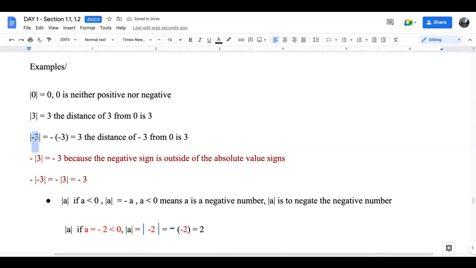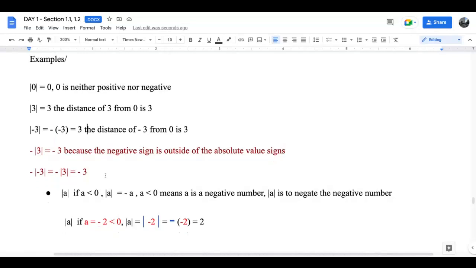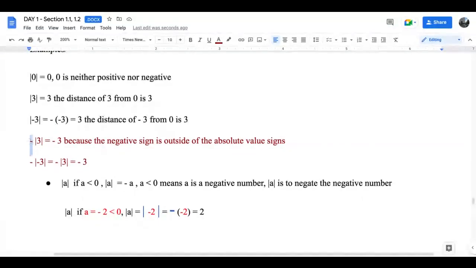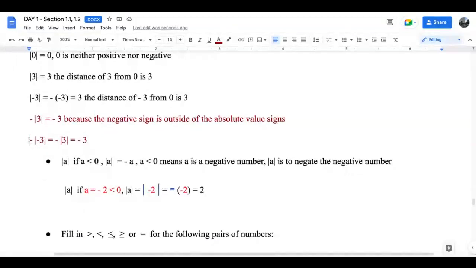So when the negative is inside the absolute sign, the absolute sign means negation, because negative becomes positive, right? But if the negative sign is outside the absolute sign, it stays negative, because the absolute value of 3 is just 3. So it's still negative 3. So be careful with this. Negative absolute value of negative 3 is also negative 3, right?